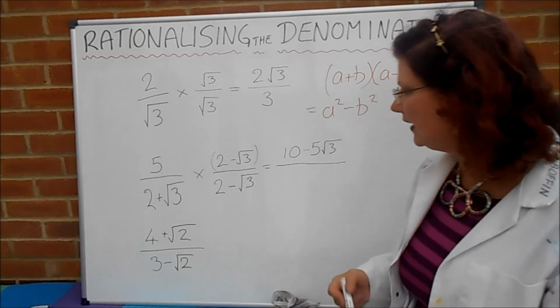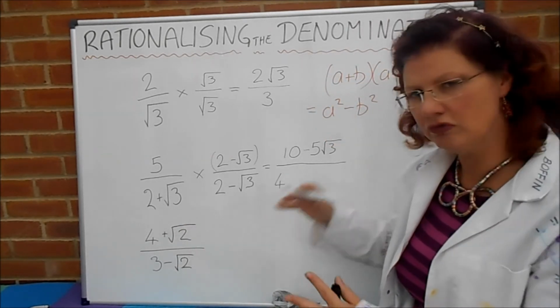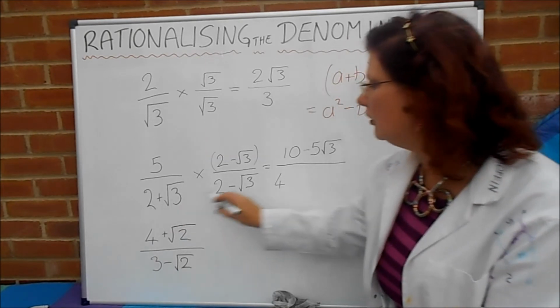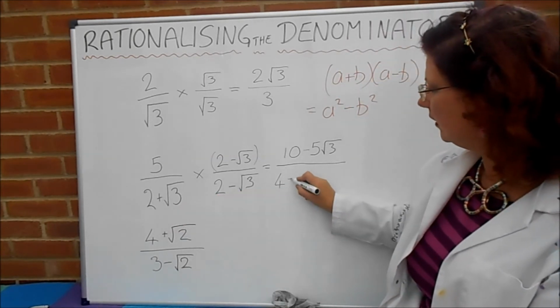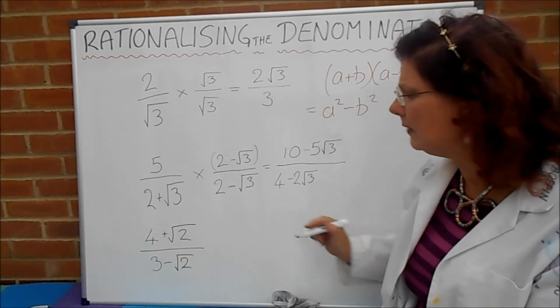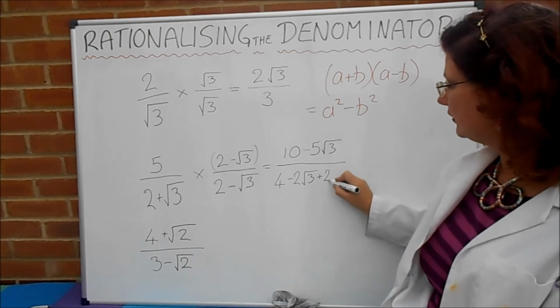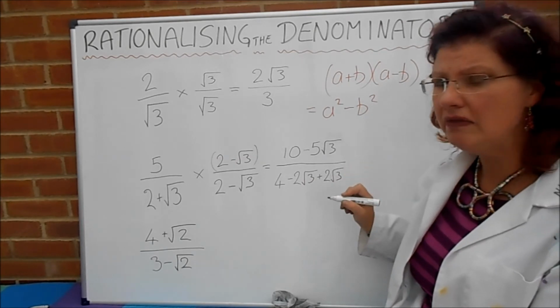So when we multiply these out, we get the 2 times the 2, which is a 4. I'll just write this one out fully. We get the 2 times the negative root 3, which is negative 2 root 3. Irrational term. We get the root 3 times the 2, which is plus 2 root 3. Another irrational.